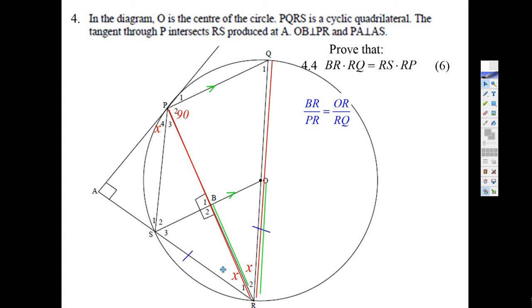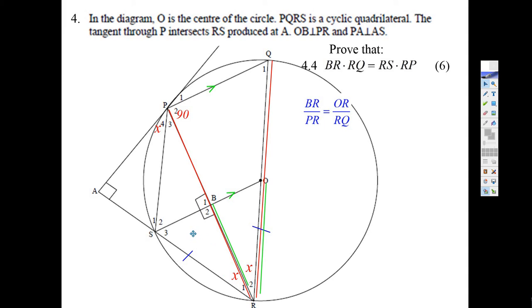I would lay it out like this. I'd say in triangles SBR and OBR, B2 and B3 are equal to 90 degrees. I call that B3 equal to 90 degrees, maybe even say angles in a straight line. Then I'd say those triangles share the common side BR, and that they have an angle that's the same, R1 and R2, because we had already proven that.